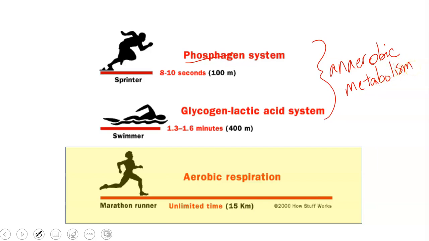All right, and then aerobic respiration is going to involve oxygen, O2. So anything over 90 seconds to 2 minutes is going to take oxygen. Even if you go on a walk in the neighborhood, that's going to require enough energy that you will be using aerobic respiration or metabolism.